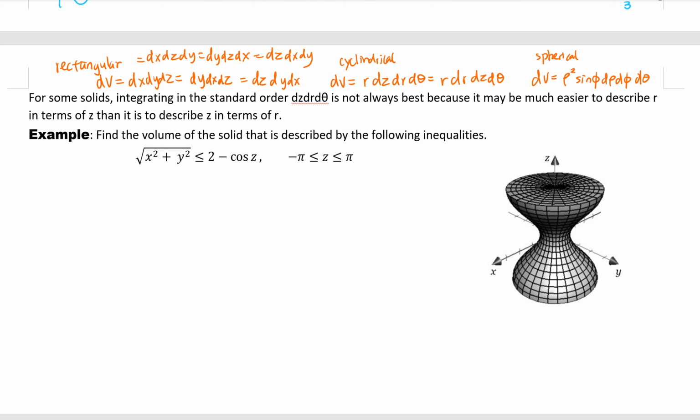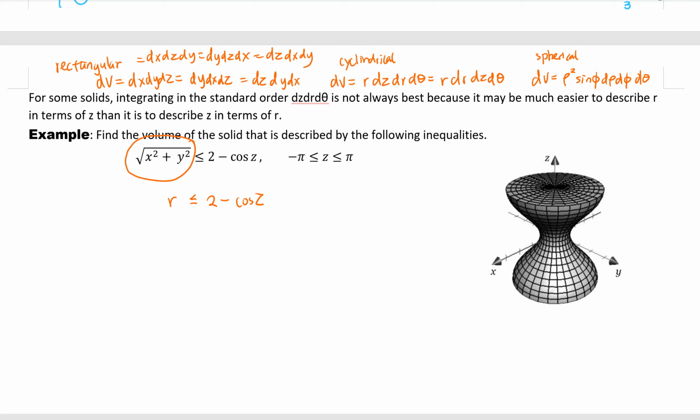Let's look at the following example. Find the volume of the solid described by the following inequalities: the square root of x squared plus y squared is less than or equal to 2 minus cosine z. If you think of cylindrical coordinates, this looks like r. So r is less than or equal to 2 minus cosine z.